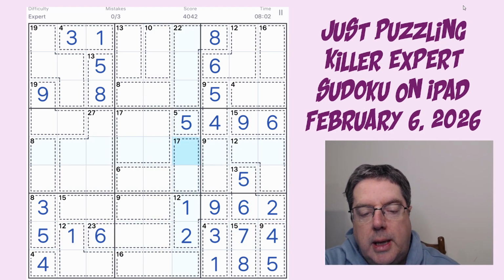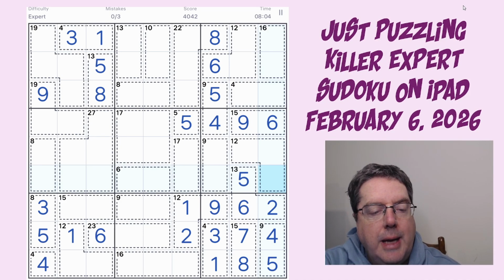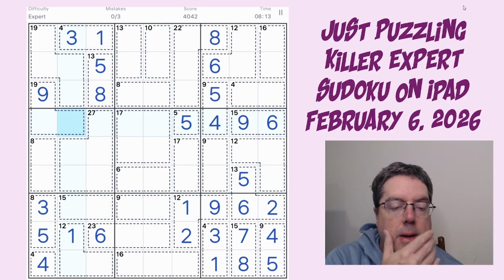What's interesting is 8 here, 8 here, so 8's going to be one of these two, so this is 8 and 2 here, because 8 can't be there, so 8 and 2's there.